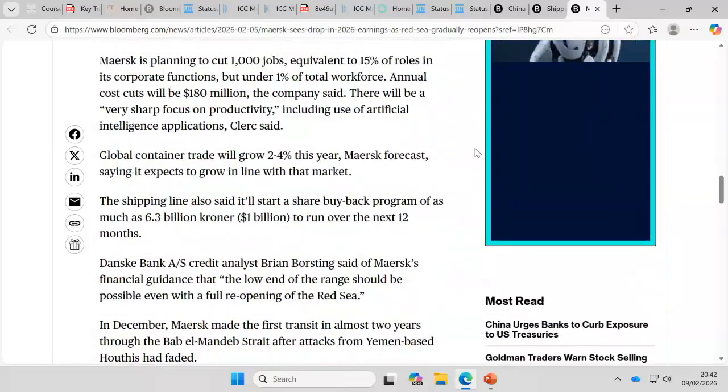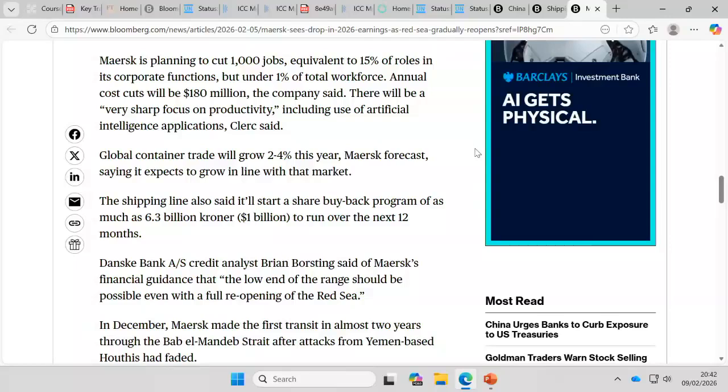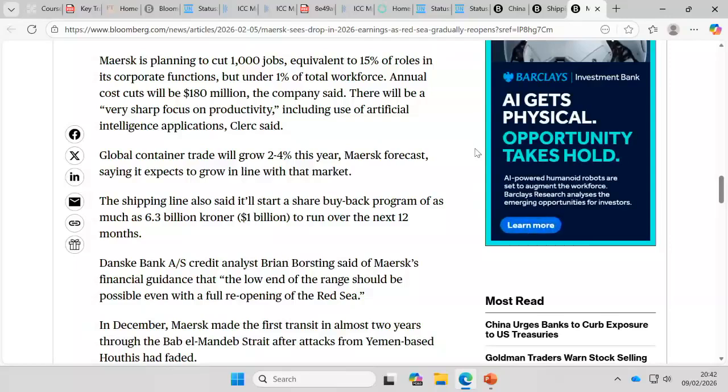Maersk is planning to cut 1,000 jobs, equivalent to 15% of roles of its corporate functions, but under 1% of total workforce. There will be a very sharp focus on productivity, including use of artificial intelligence applications.